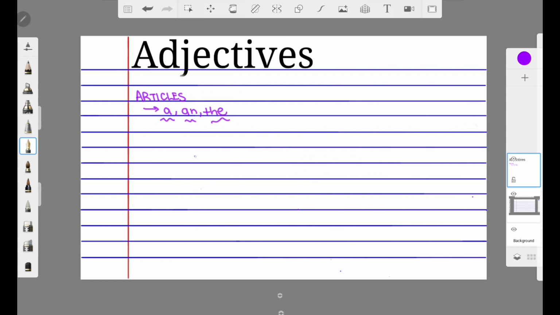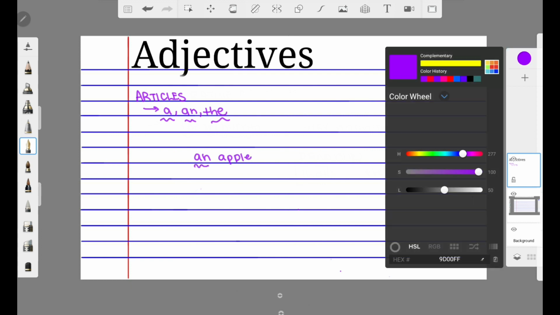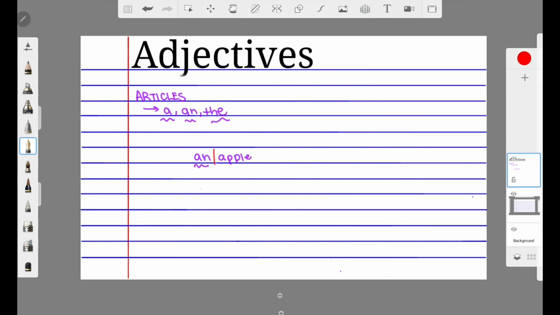For example, if we had an apple, an is actually modifying the word apple because it's telling how many or which one. If you consider an as just one, then it's telling you how many. If you consider it as, oh, it's just an apple that's sitting right there, then it's telling you which one: an apple.